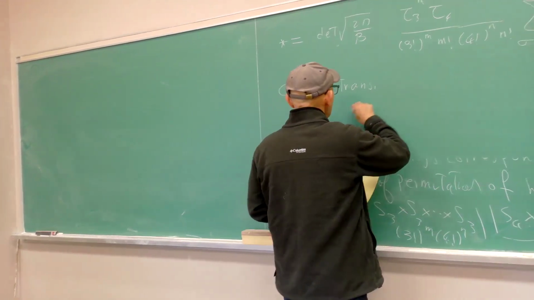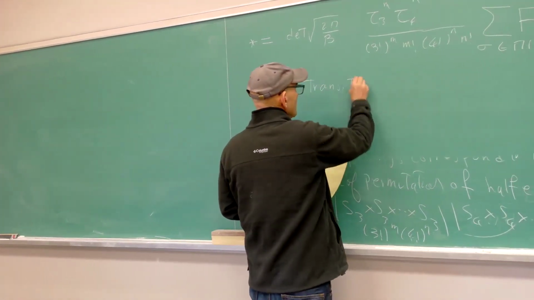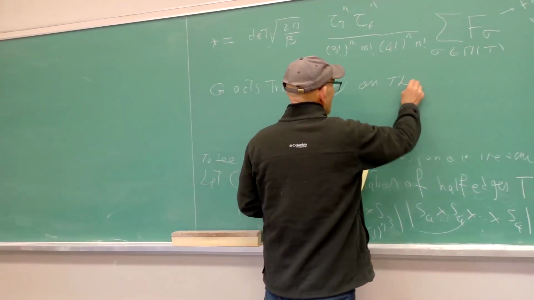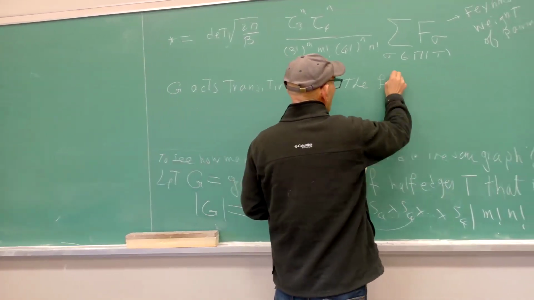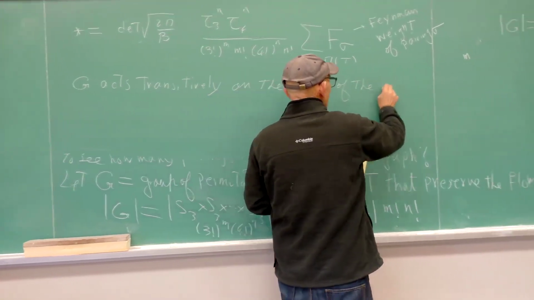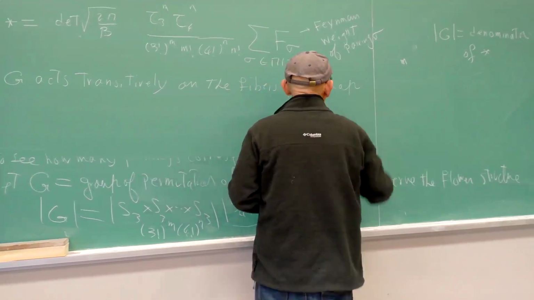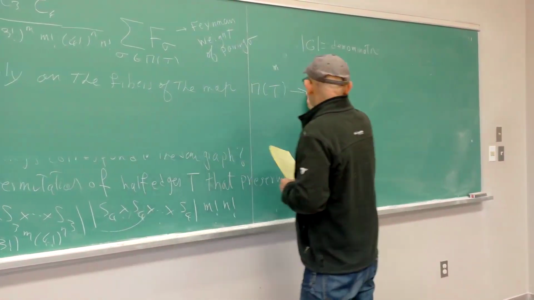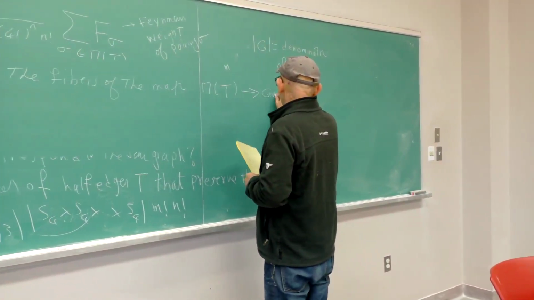I will explain what this means. Transitively on the fibers of the map from pairings of these path edges to graphs.